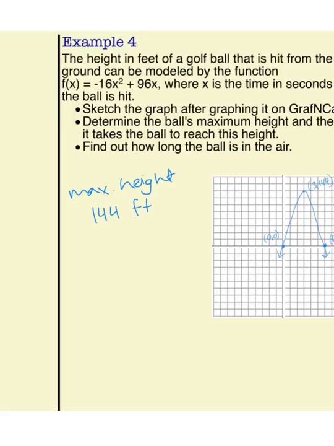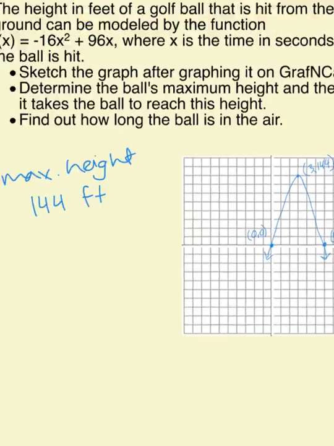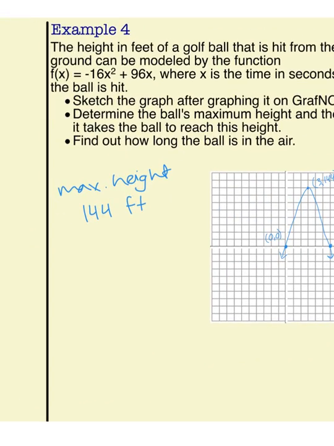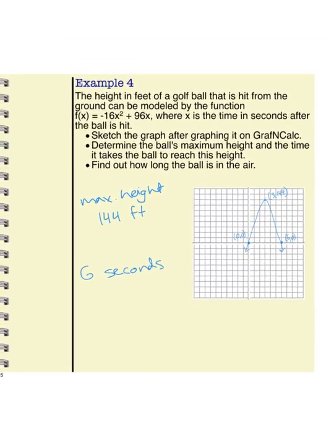This is really asking for the x-intercept again, and the function reaches the x-axis at 6, 0, which means the ball was in the air for 6 seconds. Again, the point of this example was so that you could use Graph and Calc to see it, so I hope you have Graph and Calc and you've tested this out, typed it into that calculator, and your parabola matches up.